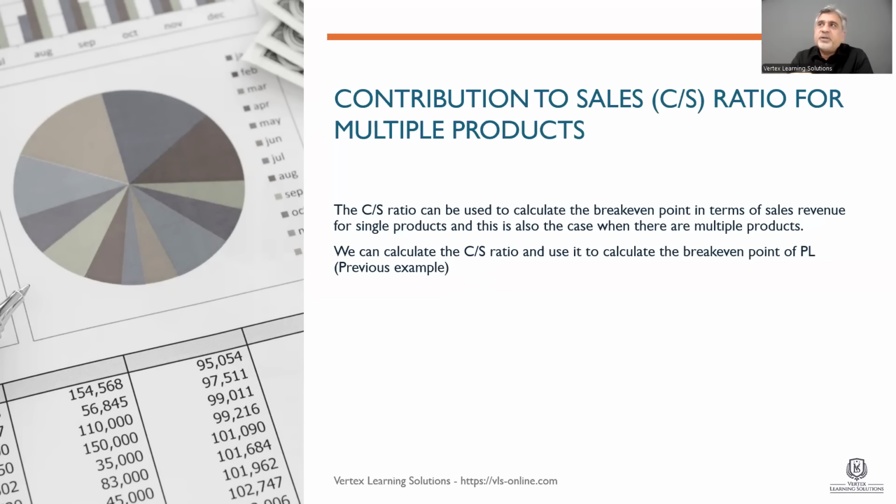But in this case, when you have multiple products, you are talking about a mix of two products. So you will be thinking, what is the contribution from the total mix and how much is the selling price of the total mix? So you divide the contribution from the mix by the total selling price of the mix to get the CS ratio. This is the only difference, and this is not something illogical or irrational.